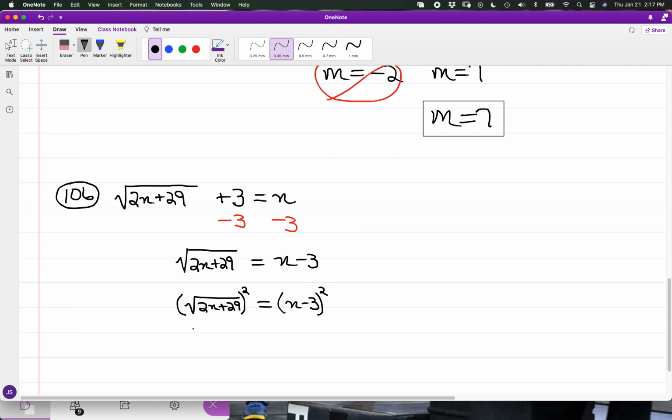The square root of 2n plus 29 squared is just 2n plus 29. As for the square of n minus 3, we have n minus 3 times itself.